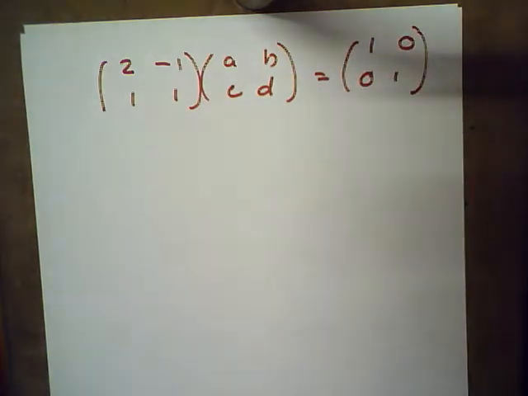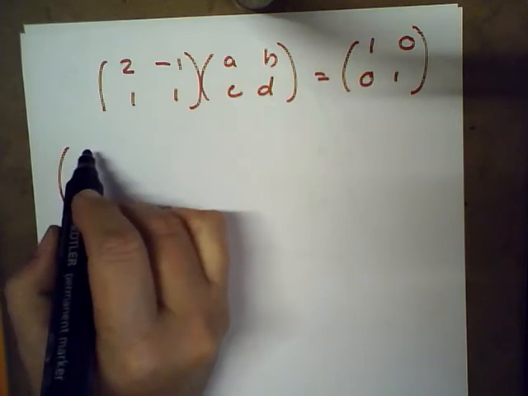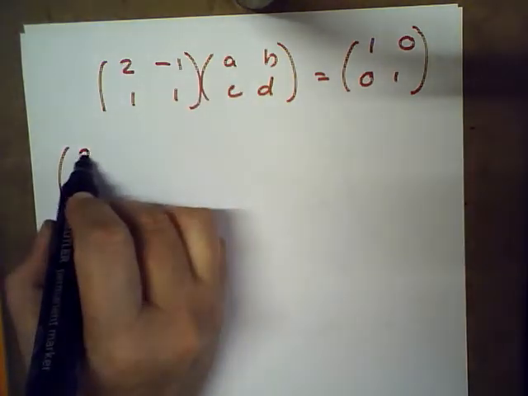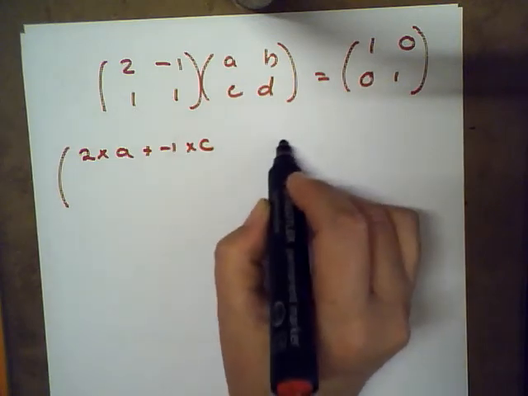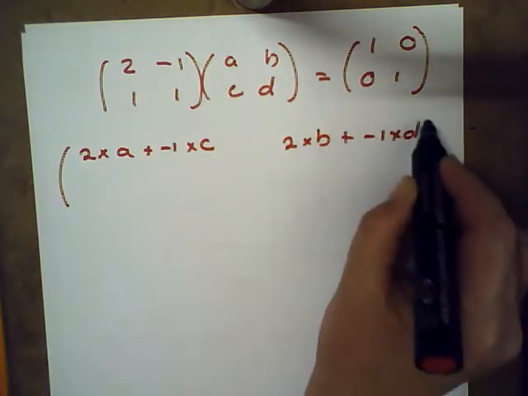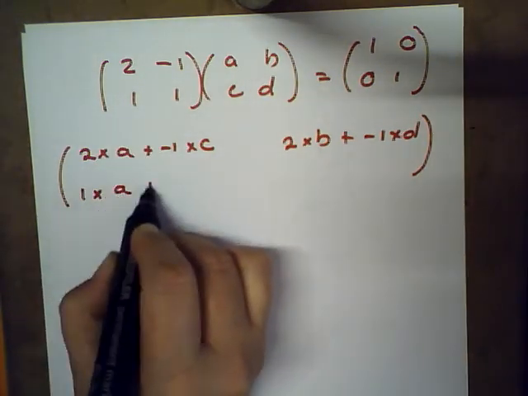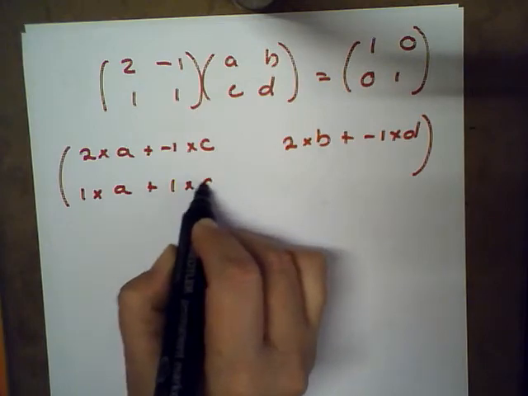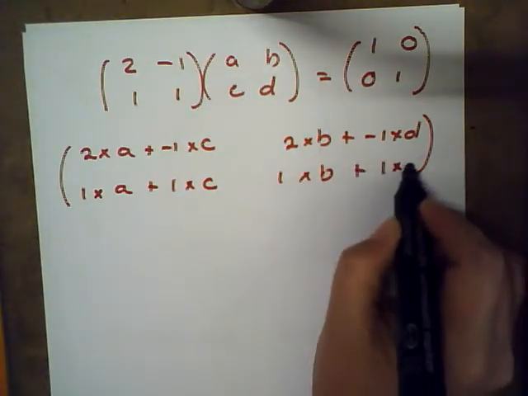That's the unit matrix. So what is the matrix Q? Let's do the matrix multiplication there. So 2 times a plus negative 1 times c, and 2 times b plus negative 1 times d. And then 1 times a plus 1 times c, 1 times b plus 1 times d.